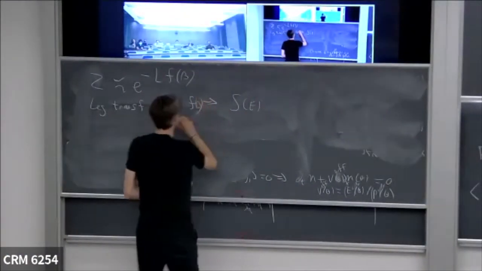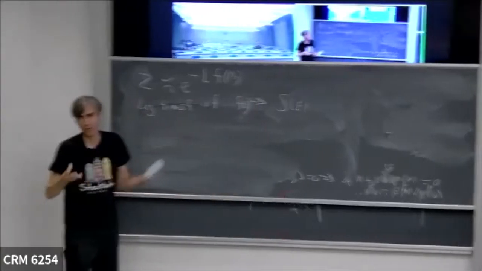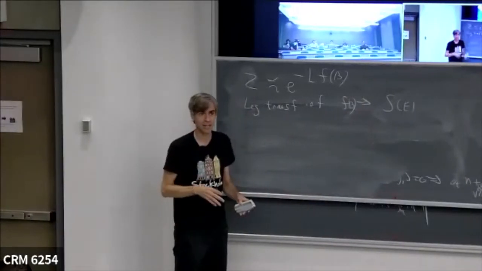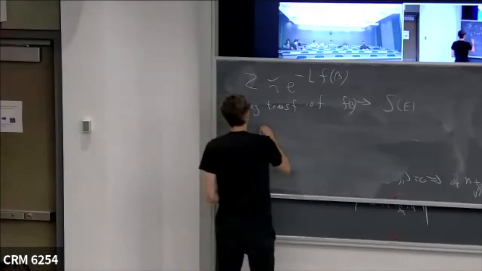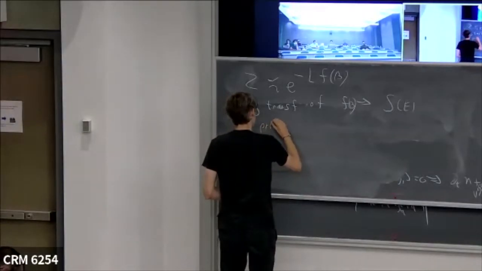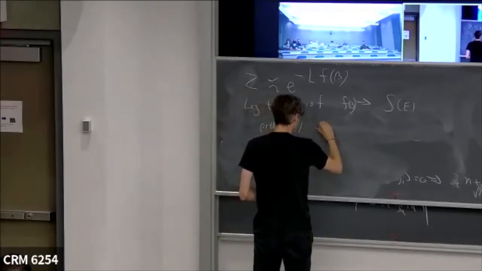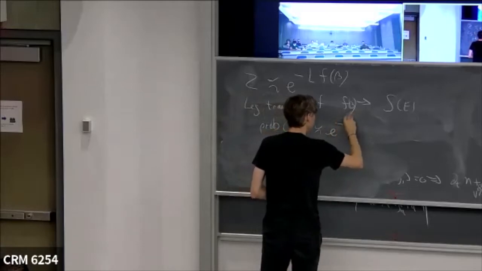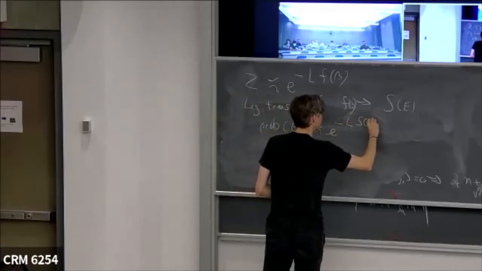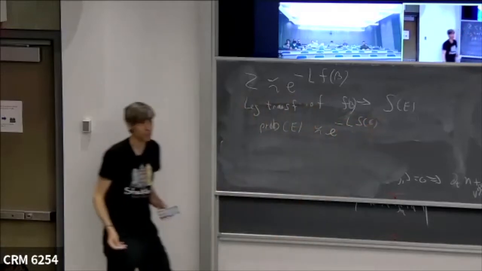So F as a function of beta, the inverse temperature, becomes the entropy S as a function of the energy. And the entropy tells you the probability of having a certain configuration of energy E. It's something like exponential minus the volume times the entropy, S of E.